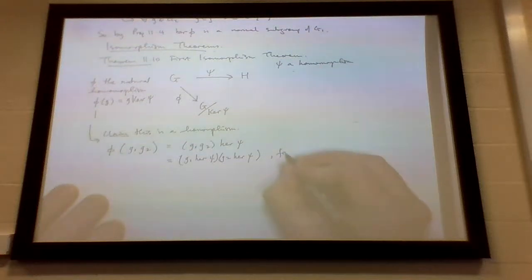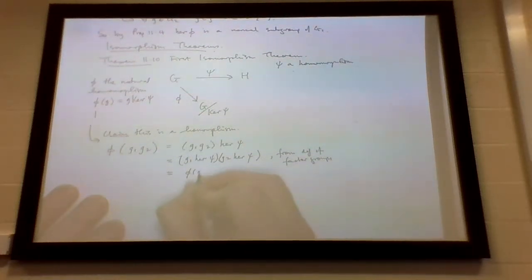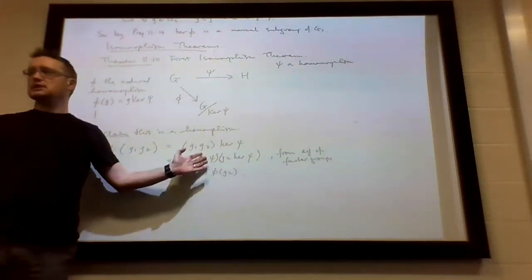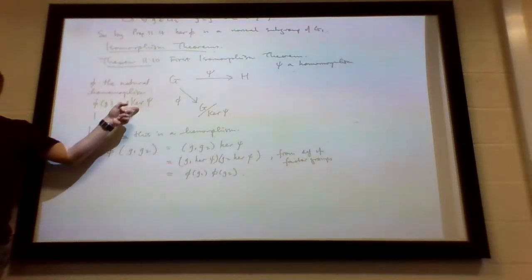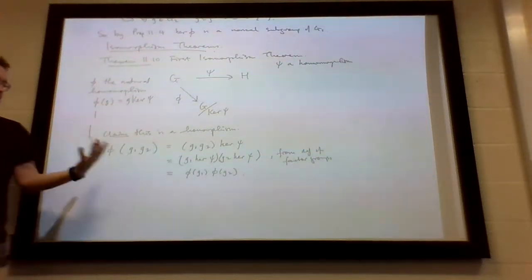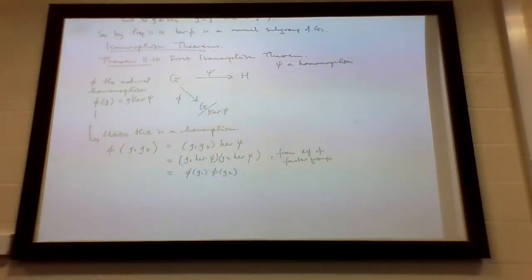So this is from the definition of factor groups. But that is exactly phi(g1) times phi(g2). So just from the definition of the operation in the factor group, this map, sending an element to the coset represented by it, does satisfy the homomorphism property.